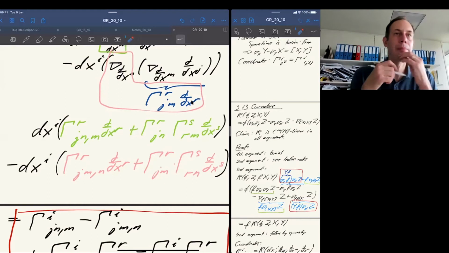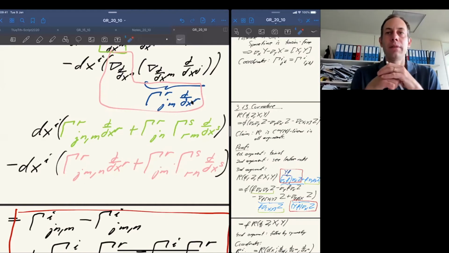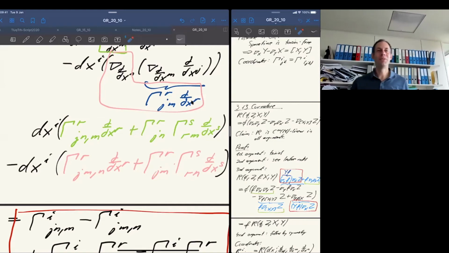Can I ask a question about the physical meaning of the gamma symbols? Yes. No, it's not that question. It's about the gyroscope experiment and how to think about that in space-time.